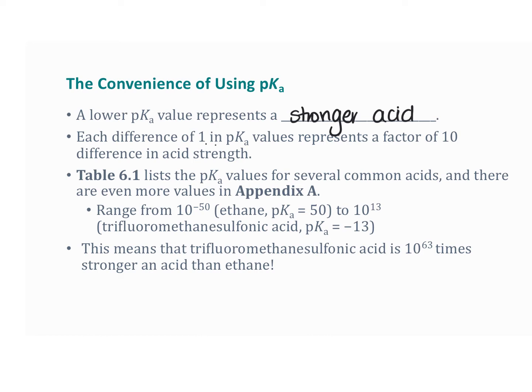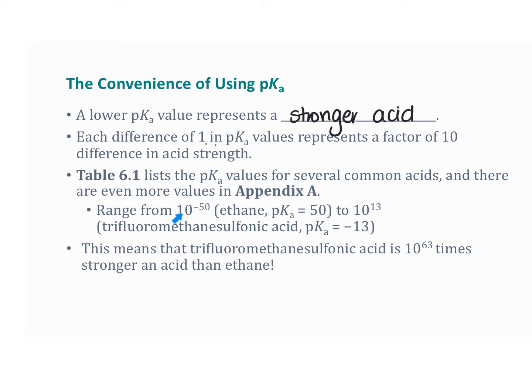Notice, at the very top here, we have ethane, where the pKa is 50, and then trifluoromethane sulfonic acid has a pKa of negative 13. So when you look at table 6.1, that's a large range there.